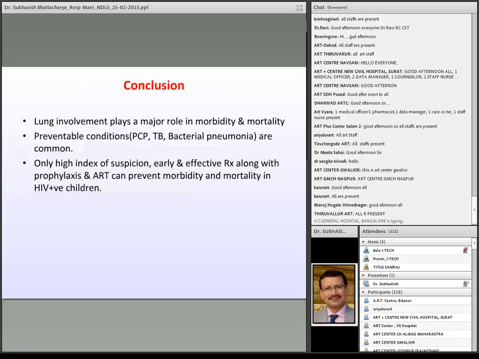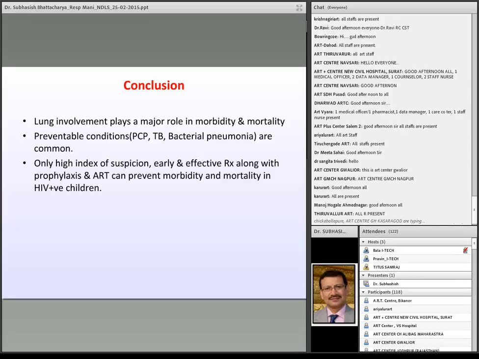To conclude this presentation, lung involvement plays a major role in morbidity and mortality, and there are preventable conditions like PCP, tuberculosis and bacterial pneumonia. Bacterial pneumonias are common. Only a high index of suspicion and early and effective treatment, along with prophylaxis and ART, can prevent morbidity and mortality in HIV positive children.